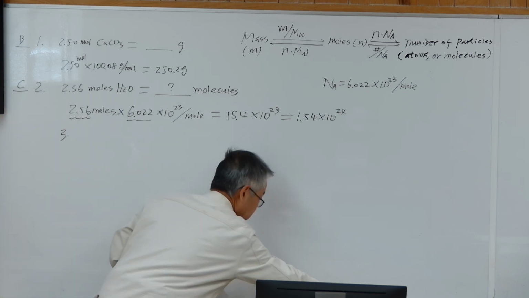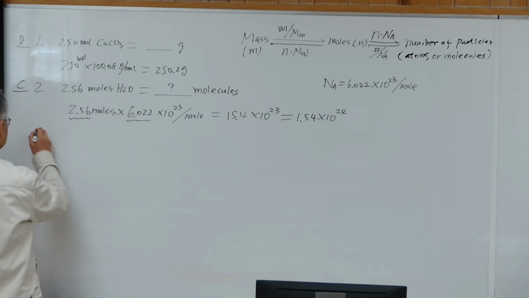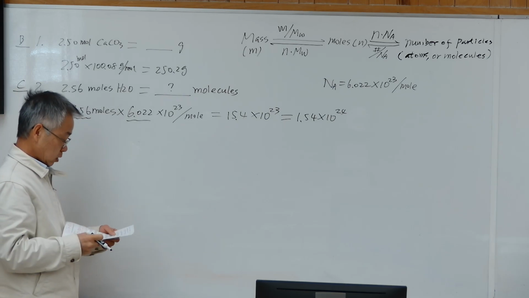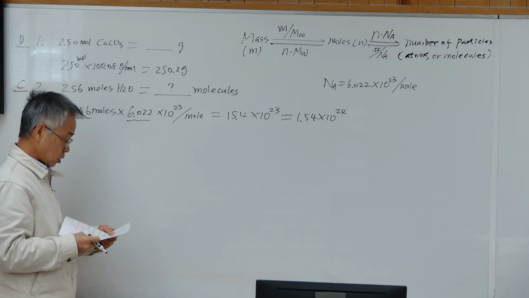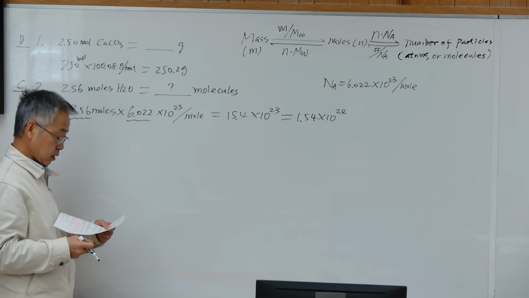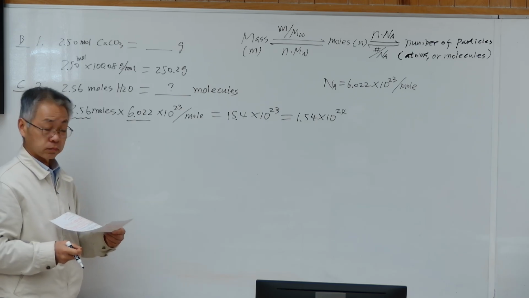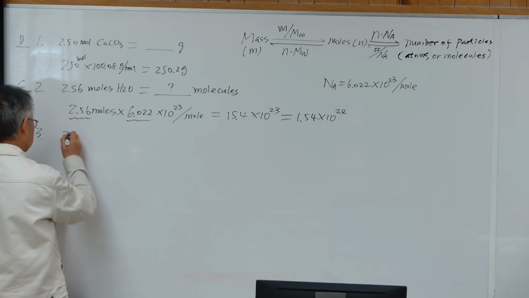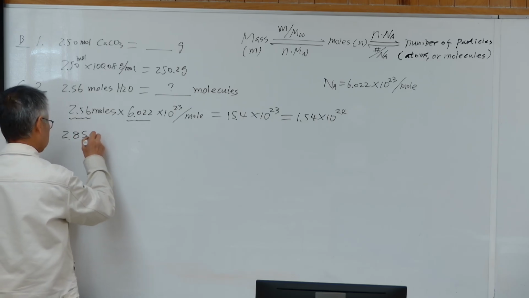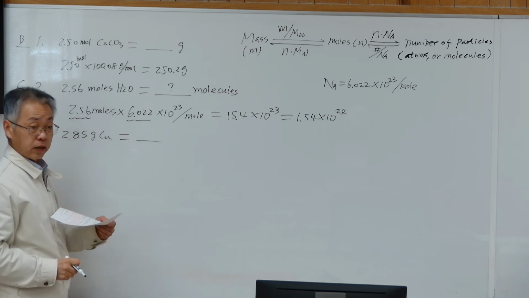Question 3 asks you how many moles of copper atoms are there in 2.85 grams of copper. It asks you how many moles.